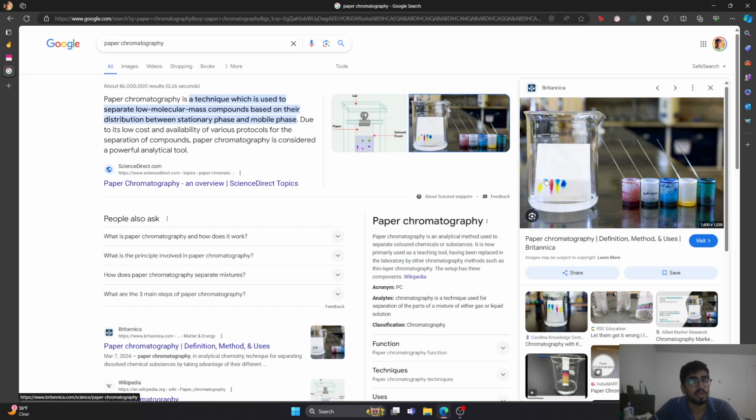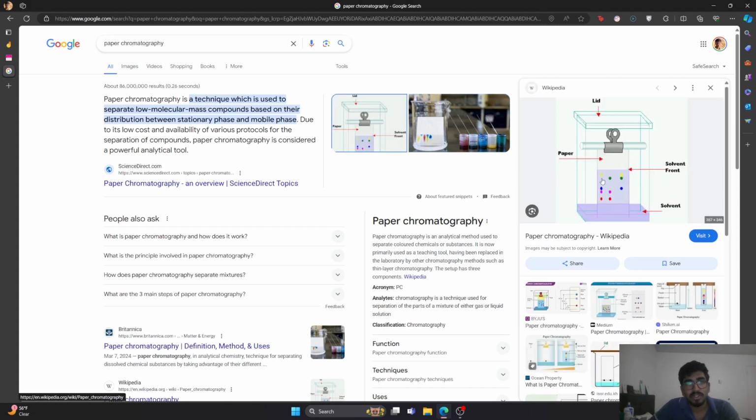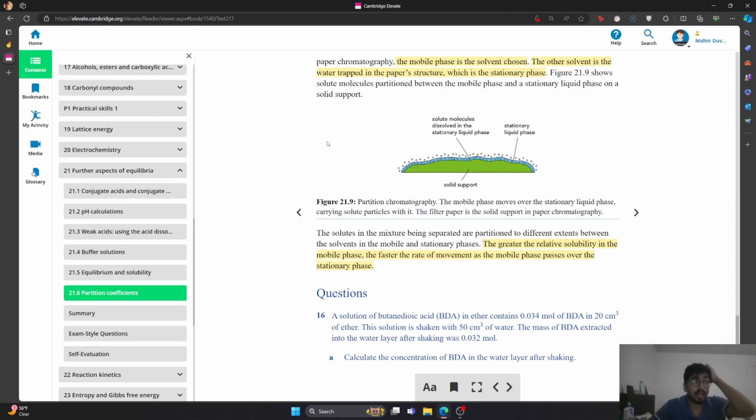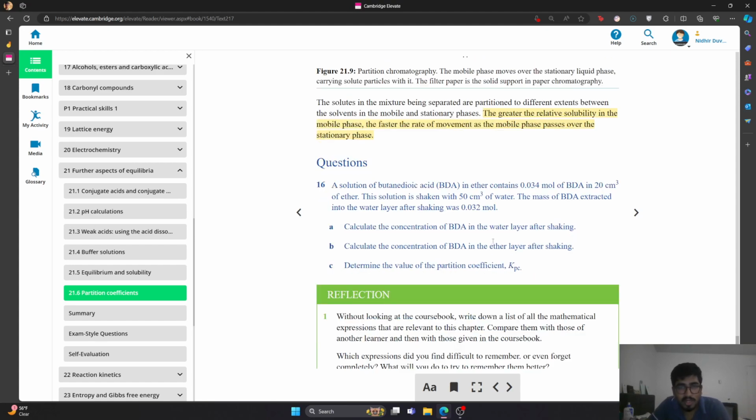If you have a solution of the first and second, then you can have two different blobs, so you know that the original solution contained two things. This drop that you put here contained four things, and this drop contained three things. This is how you can know the constituents of an unknown thing you are looking at.